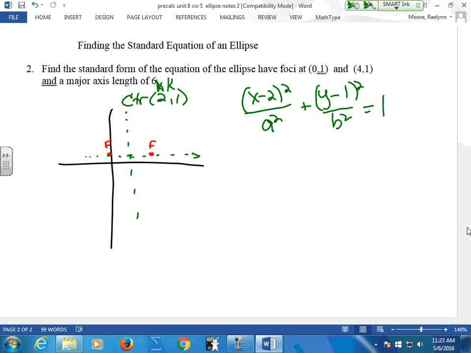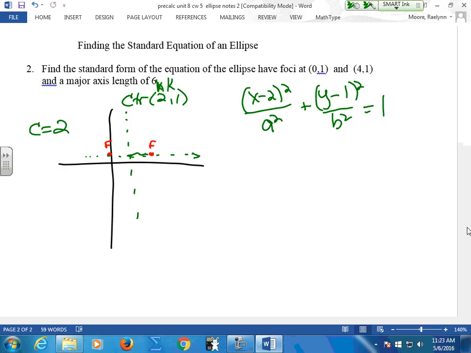What letter do I find from my center to my foci? C. So from 2, 1, that's my center, to 4, 1, is 2. Good. So I've exhausted that part, right? It gave me everything. We said the distance from your center to your foci, this is 2, 1, this is 4, 1, or this is 0, 1, is 2.